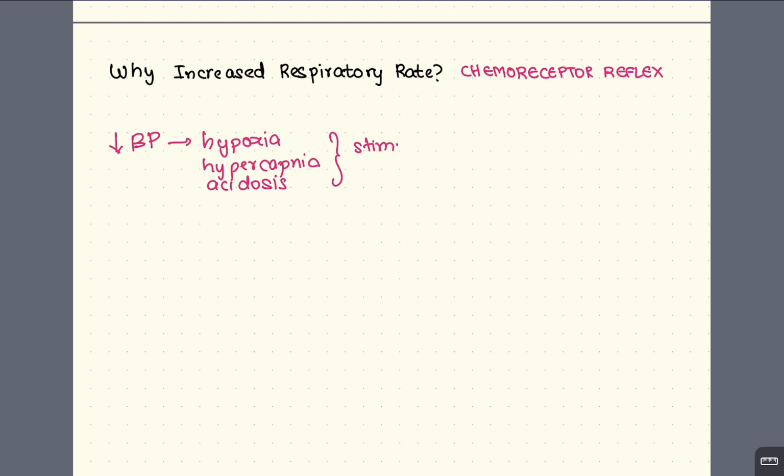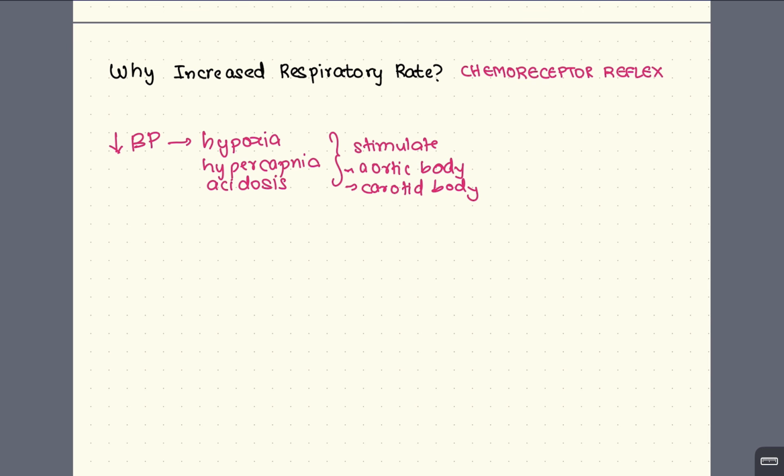It stimulates the two chemoreceptors, which is aortic body and carotid body. Don't confuse this with aortic arch and carotid sinus, which is in baroreceptor. This is chemoreceptor. So this is aortic body and carotid body.